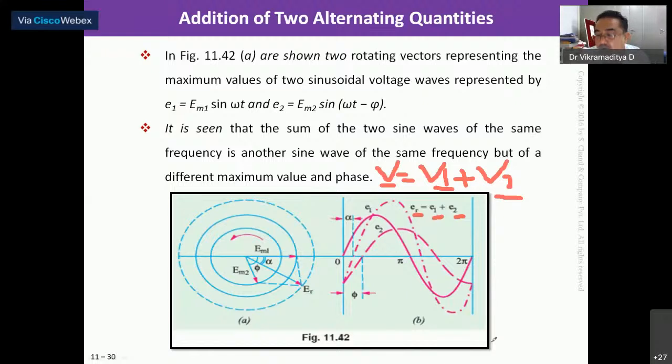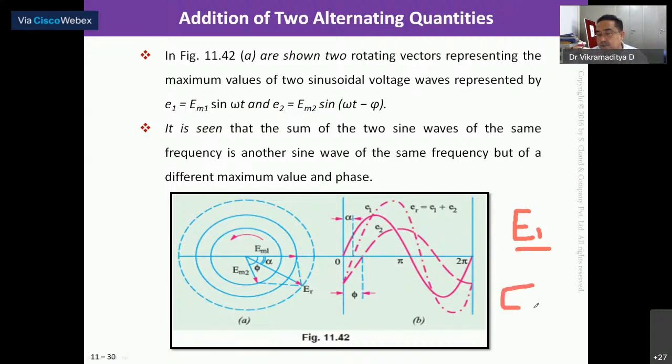Now how to represent this in books, and in copies? In books you will find that vectors are represented by bold letters. So these phasors are represented by bold letters. But when we write in the copy, suppose my voltage is E1. How do we represent it in the copy? E1, I will put a bar below it, or some people write the bar above.